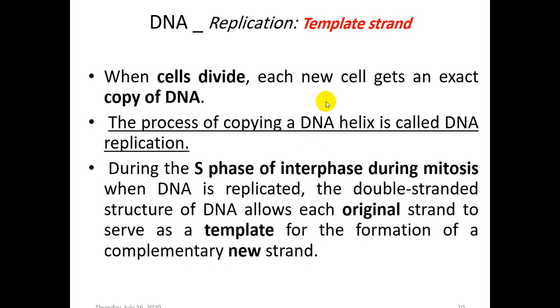So you have a template and you are building a new strand according to the structure of the template. Of course, it will be the opposite of it. If in your original there is an A, then at the opposite side will be the T, and C will connect to the G.